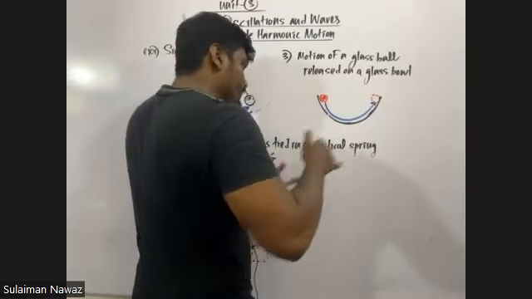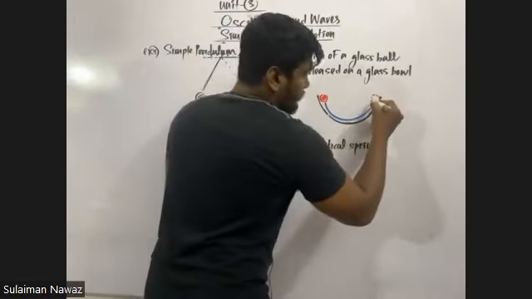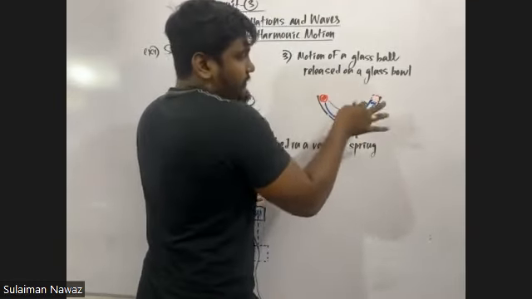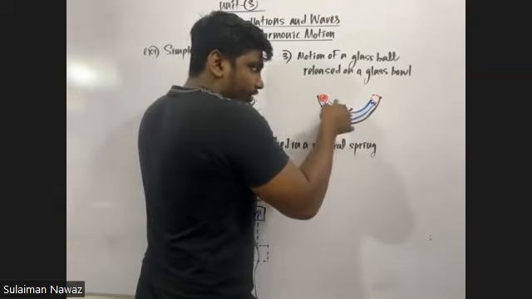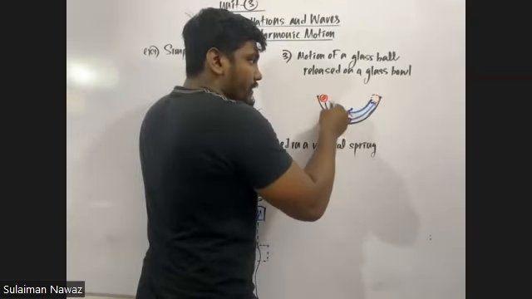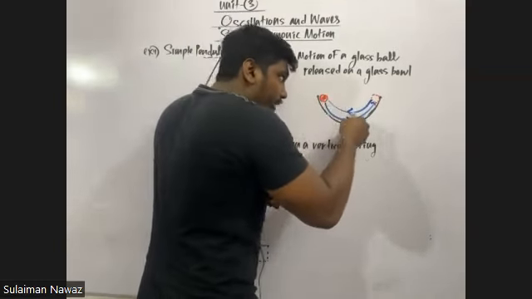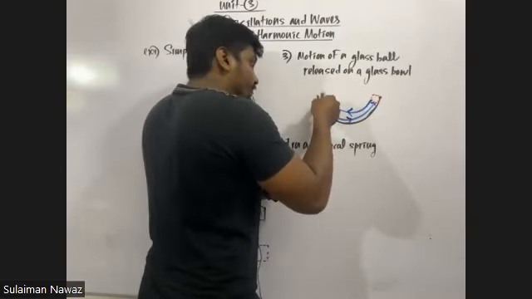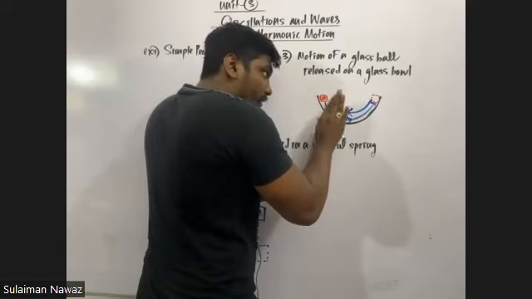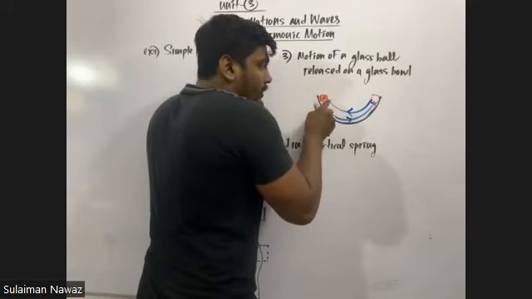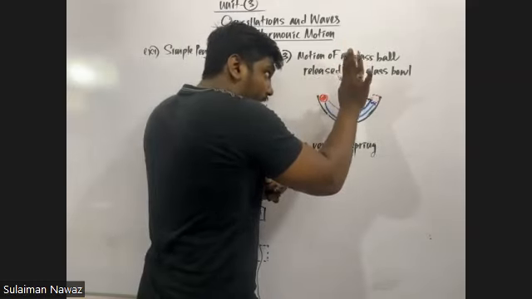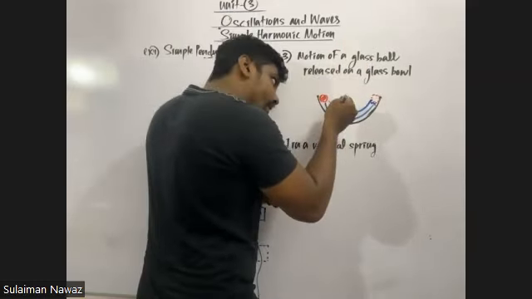Again, it comes back to the same position. This motion continuously repeats. So we can say the motion of a glass ball released in a glass bowl is a periodic motion.